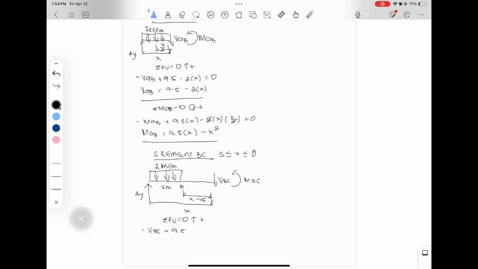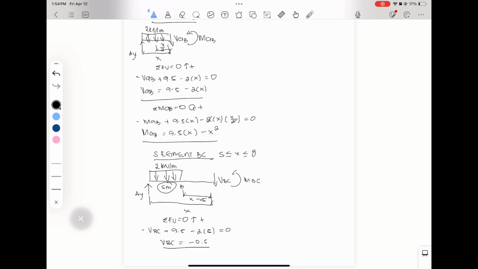Because we know the distance here, we can do minus 2 multiplied by 5 equals 0. Transpose VBC. VBC is equal to 9.5 minus 2 multiplied by 5, which is negative 0.5. This is the shear for segment BC.